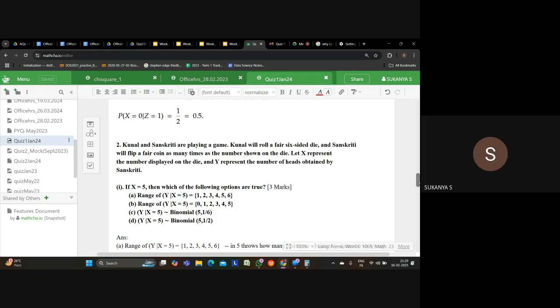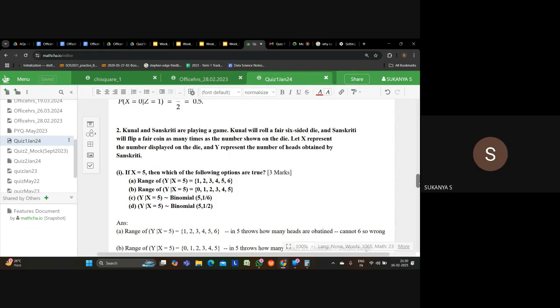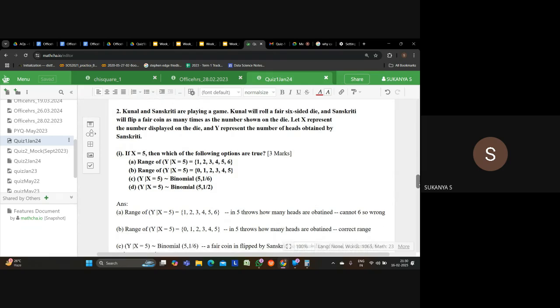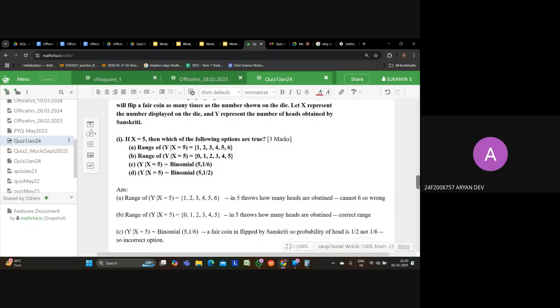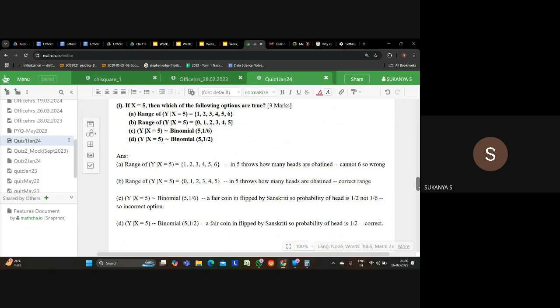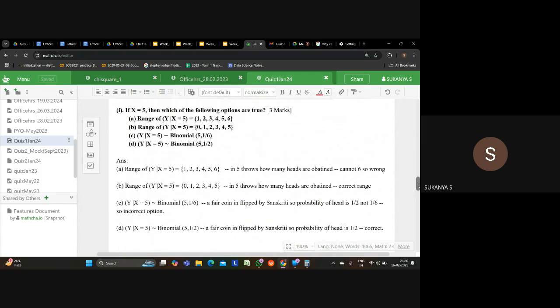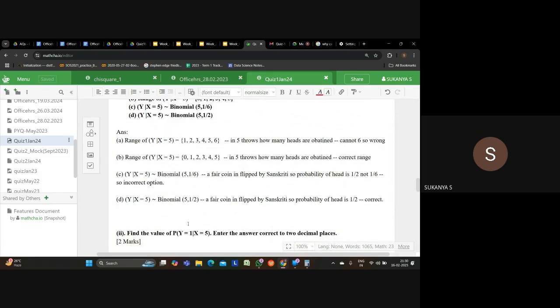Now, what is the distribution of Y given X is equal to 5? Binomial, 5 comma 1 by 2. Perfect. Now you have Y equal to 1 given X equal to 5. The coin is flipped 5 times and you get 1 head. What is this probability?